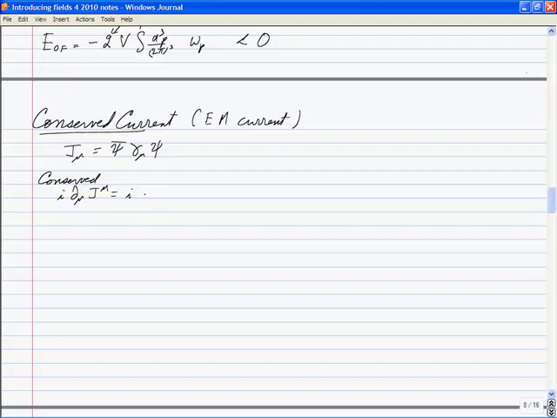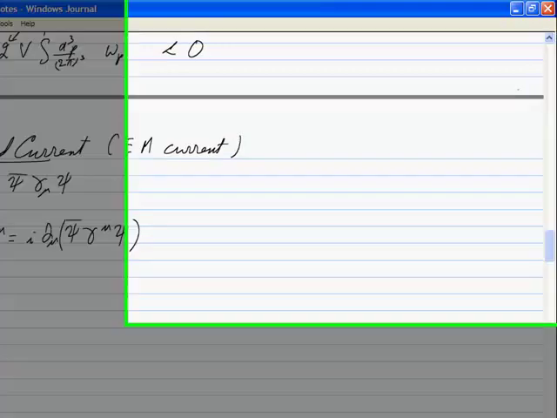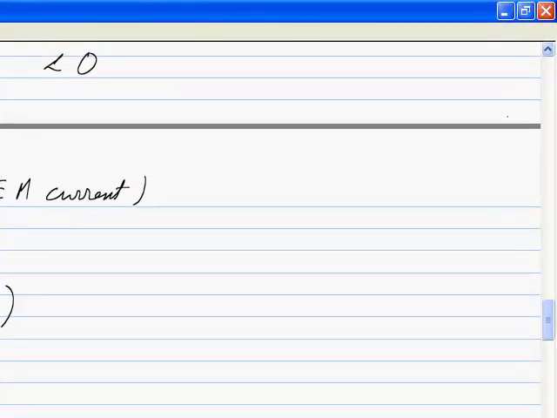it's i d mu of psi bar gamma mu psi. Well, the derivative can act on either the side of the psi bar or the psi, so let's just write out those two cases.